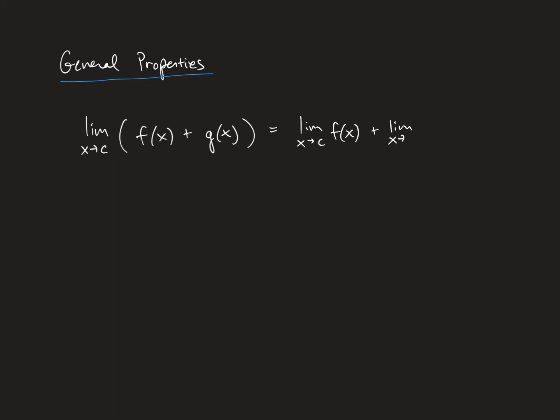We can make an argument for this directly based on our definition. And we'd have other properties too, like the product of 2 functions and their limit being the product of the limits.